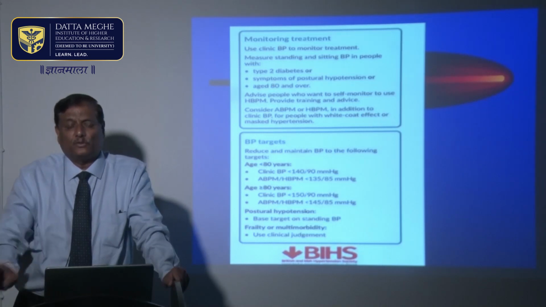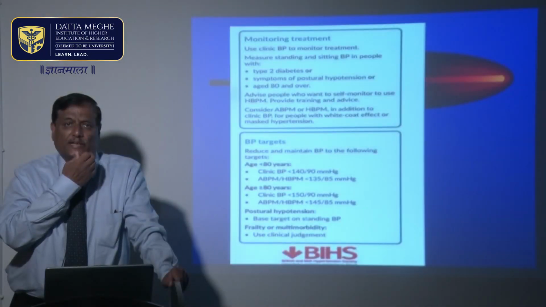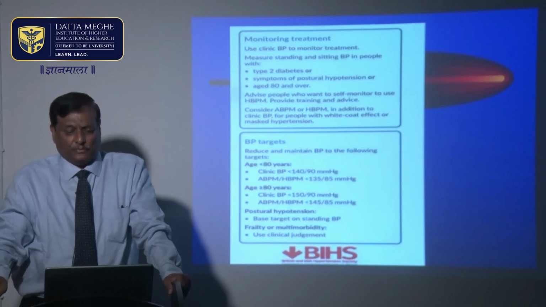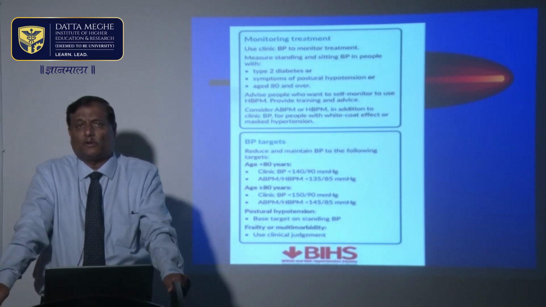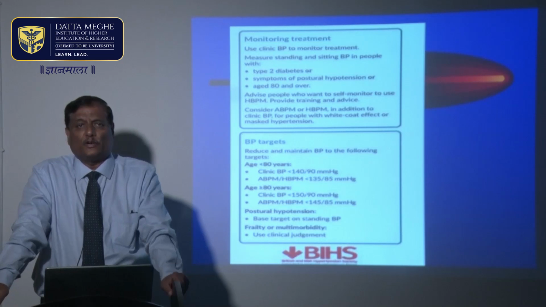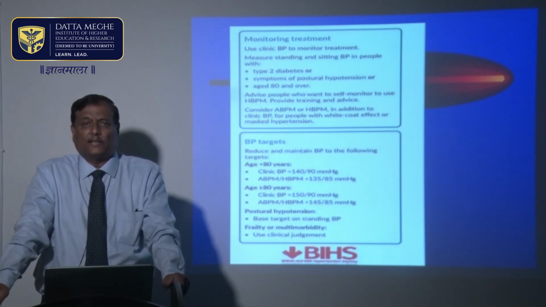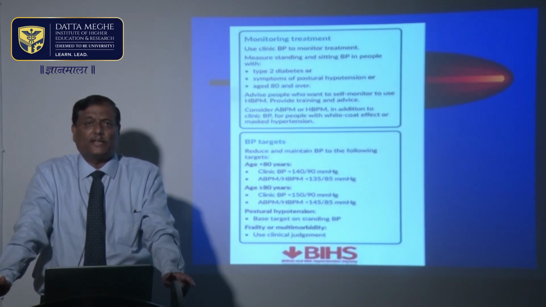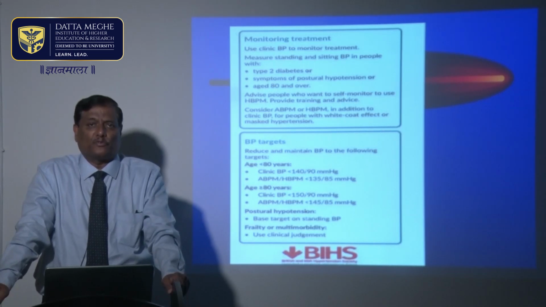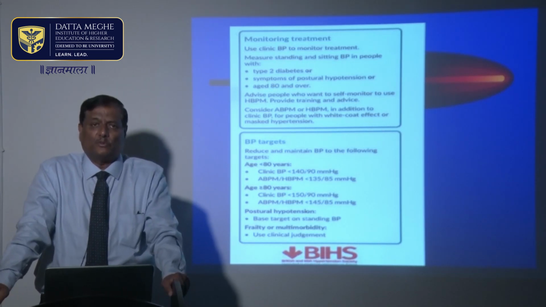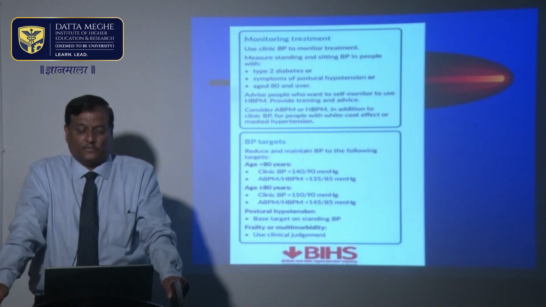Alpha blockers like prazosin, which is available in sustained release preparations like 2.5 or 5 milligrams once a day, can be given in patients who are elderly and who also have benign hypertrophy of prostate. The drug of choice there would be prazosin, which is an alpha blocker.